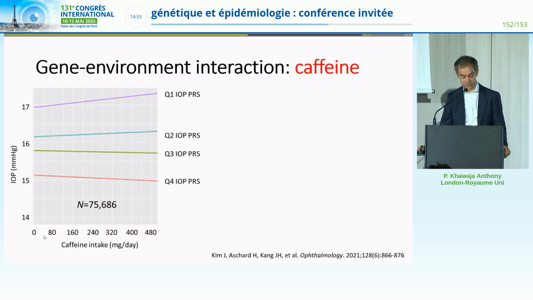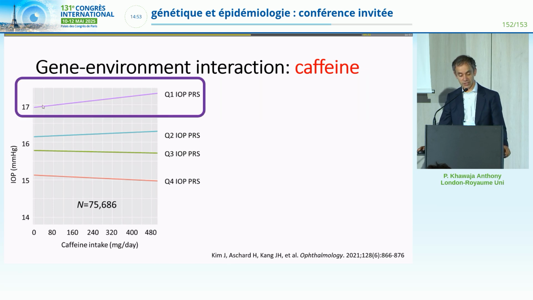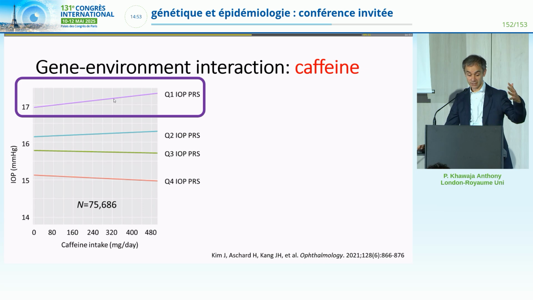So this graph is caffeine intake versus IOP, but it's separated into 4 groups, which are the different polygenic risk scores. You can see the people in the top polygenic risk score here have a much higher IOP than the bottom one, but also they've got this significant slope. And in epidemiological terms, this is actually quite a significant slope.